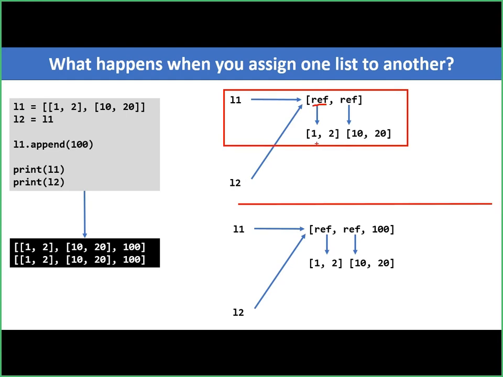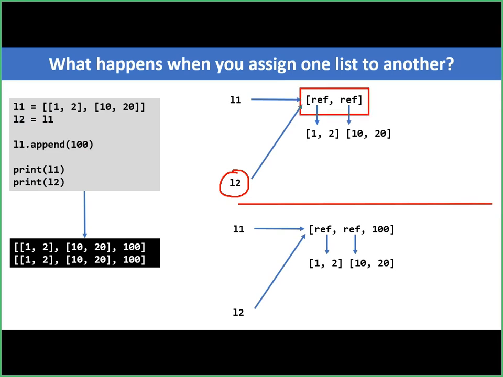And this is referencing the first list, this referencing the second list. Now these two are the elements of the first list. And when I assign L1 to L2, we are simply creating one more variable which stores the same address as the first list. So wherever you have this, the address is copied into L2.